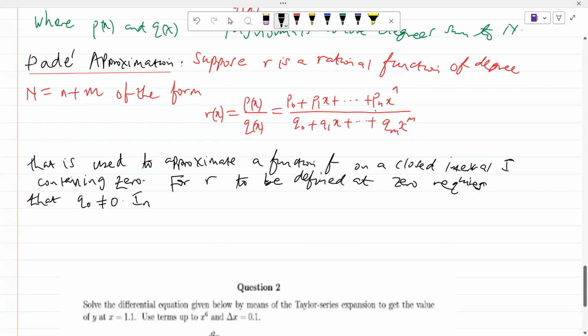In fact, we make the following assumption. We can, and we always do, assume that Q naught, the constant, is 1, because we said that the denominator is of degree 2 in the question, and then what did that mean in a sense?